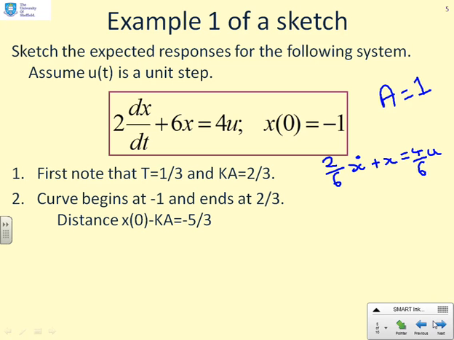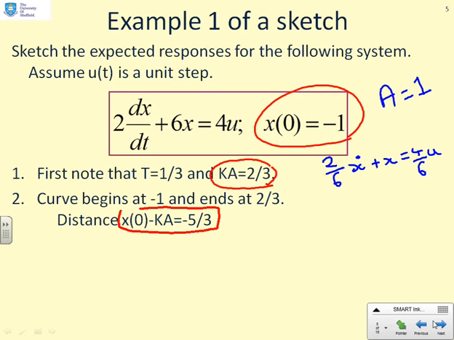Right, observations. We can see that the curve begins at minus 1. That's given there. And the other thing we've been given is the curve finishes at 2/3. That's that observation there. And therefore we can work out this distance d, i.e. the distance between the steady state and the initial condition, and this is the calculation given here. x of 0 minus kA is minus 5/3.